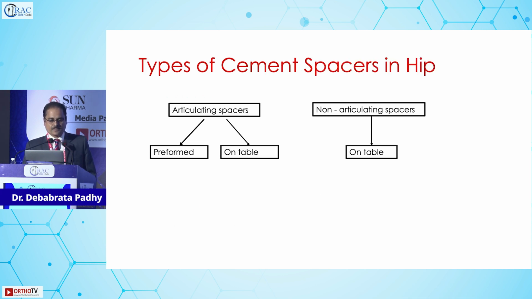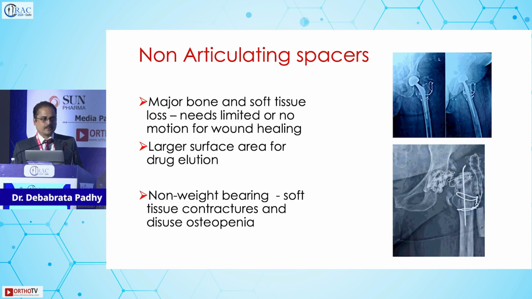The types of cement spacer are mostly two: the articular spacers, the dynamic spacers, and the non-articular, the static spacers. The articular spacers can be preformed or made on the table using different methods. But non-articular spacers are usually made on table, and they are used mostly in major bone loss and soft tissue loss, and when limited or no motion is needed for wound healing.